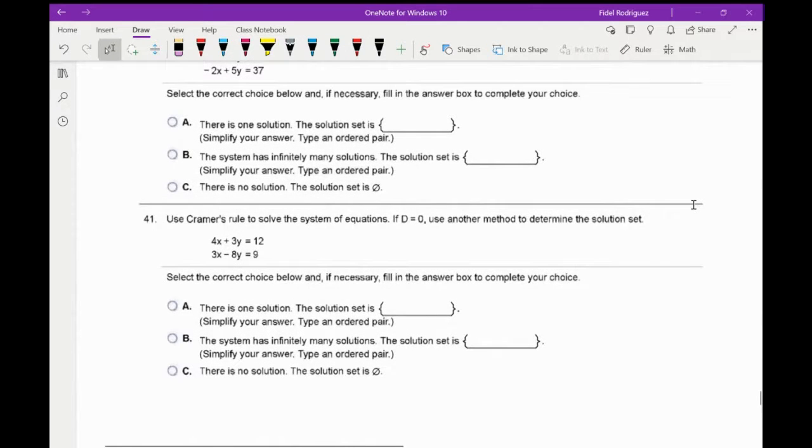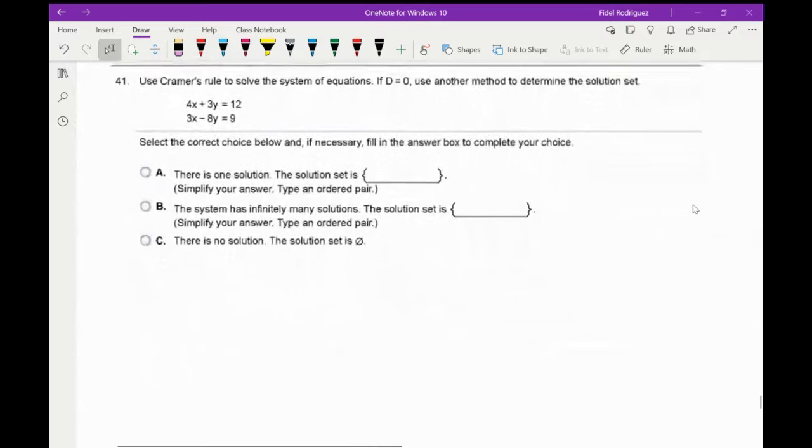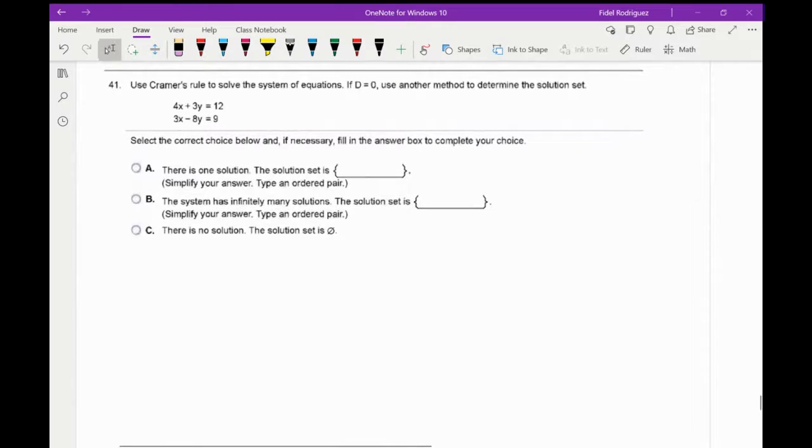So, okay, this one here says, let's use Cramer's rule to solve the system of equations. Okay, so the first thing I'm going to do is pull up the formula sheet so that we can use that and figure out how to do this.